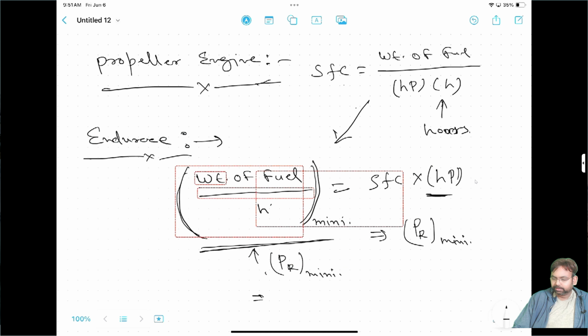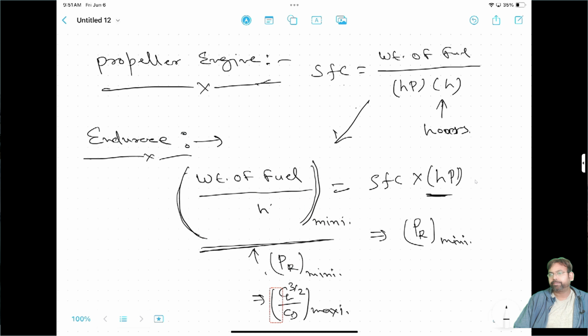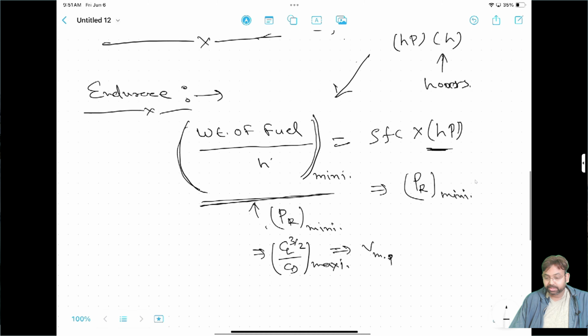This implies that CL^(3/2)/CD must be maximum. As you know, this is the minimum power required condition. Then your aircraft must fly at the velocity of minimum power, where CL^(3/2)/CD is maximum, to maximize your endurance. Is it clear, guys? Now we'll go for the jet engine.